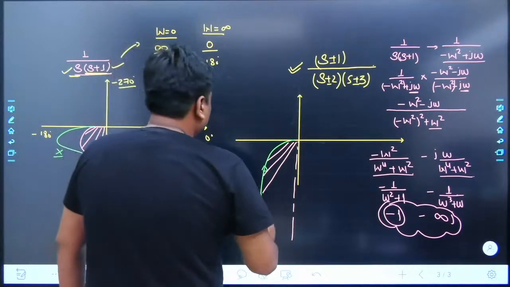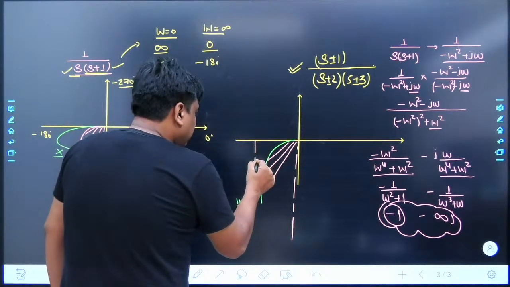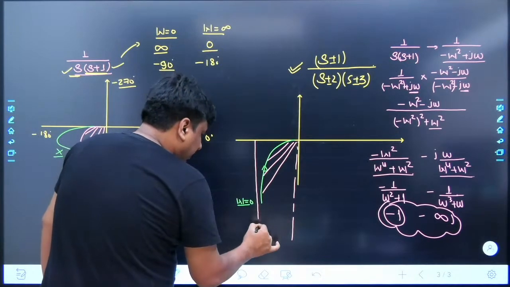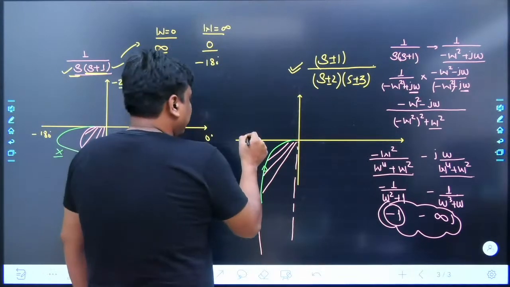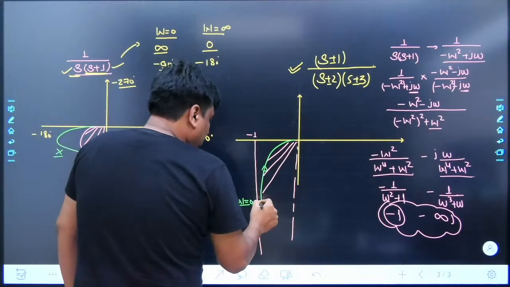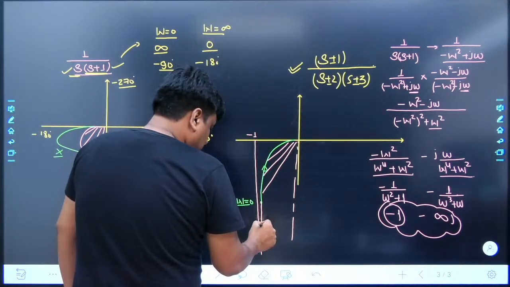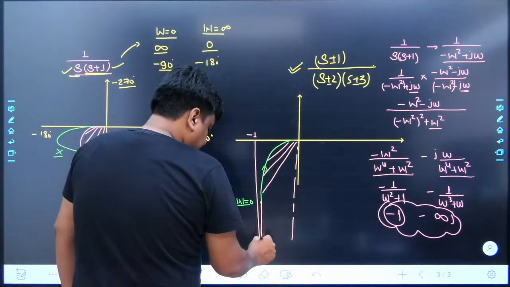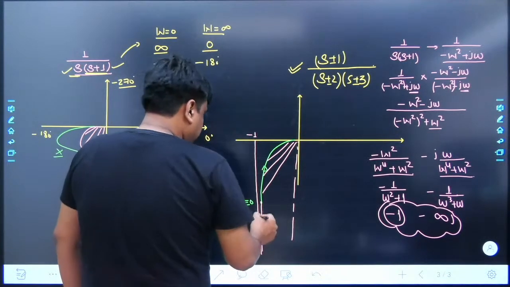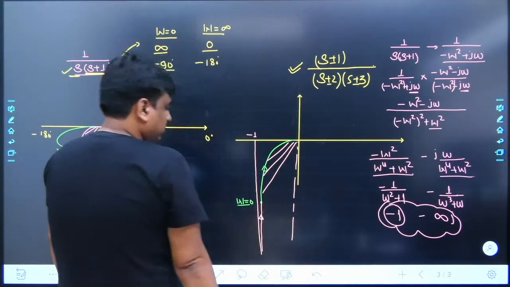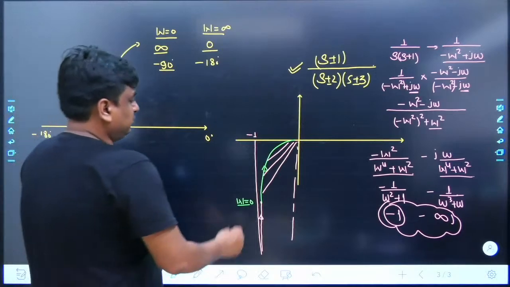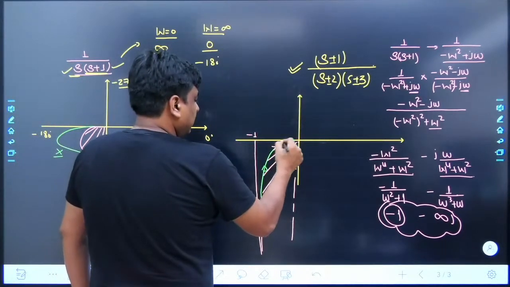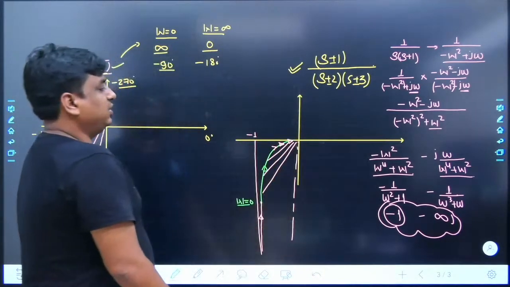That means if you really want to draw this curve perfectly, as omega starts from 0, your polar plot would become tangent to the minus 1 line, and this would be the best way to represent the polar plot for the given transfer function.